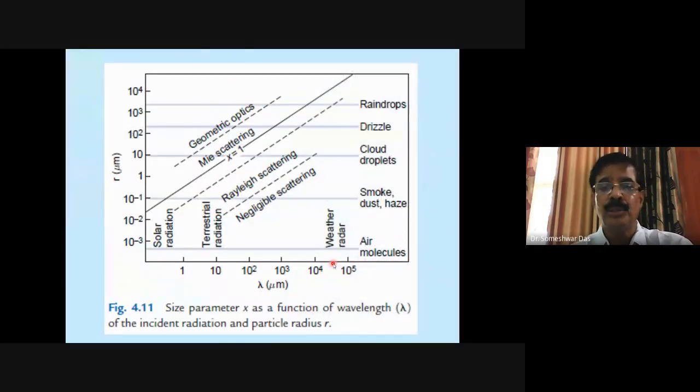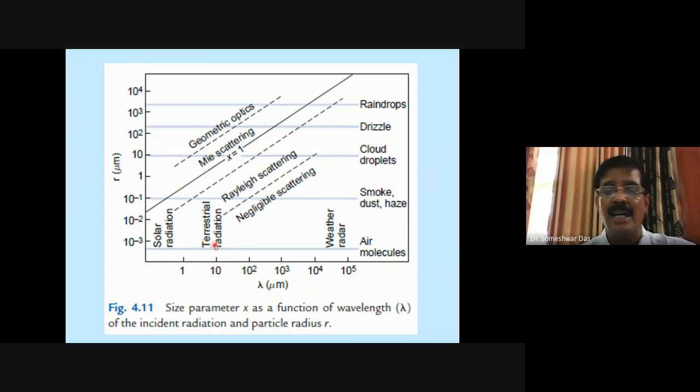This diagram also illustrates the amount of scattering by different types of particles present in the atmosphere with respect to wavelength. The x-axis is showing the wavelength, and the y-axis is showing the radius of the particle.